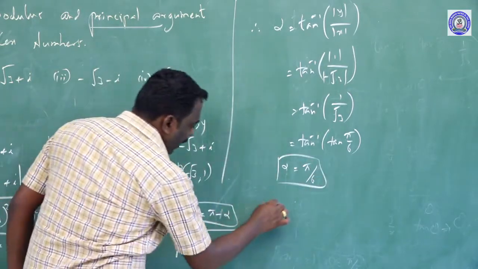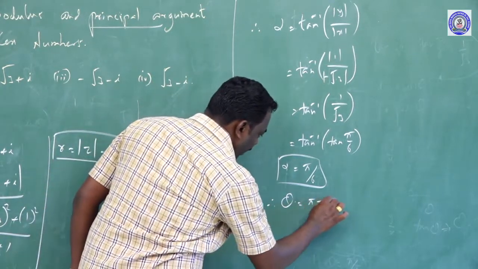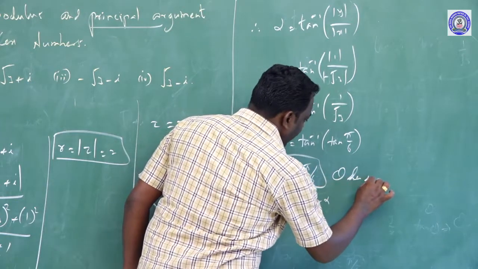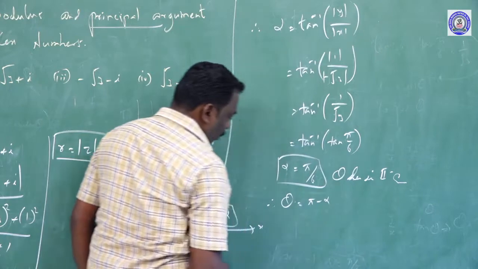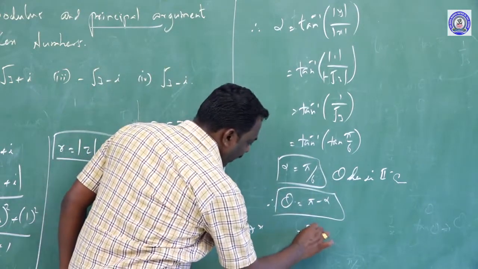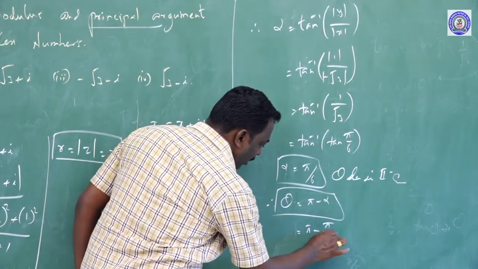What is theta? Therefore, theta is equal to pi minus alpha, because theta lies in the second quadrant. Therefore, theta is equal to pi minus pi by 6, where pi by 6 is the alpha value.